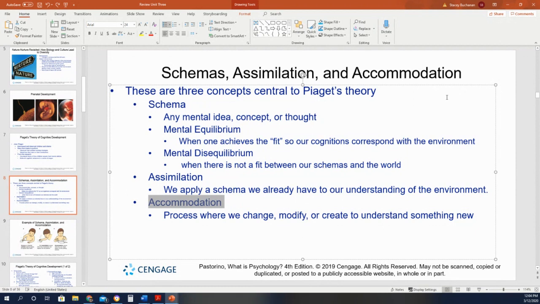I know I've done an example, but examples after examples never hurt. So let's pull up this whiteboard and go through an example. We have what's known as a schema. Let's say our schema is, I'll use the example from class, the horse schema.